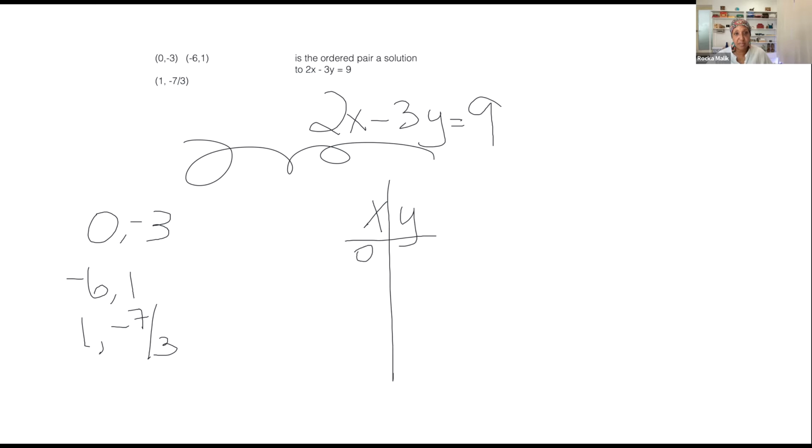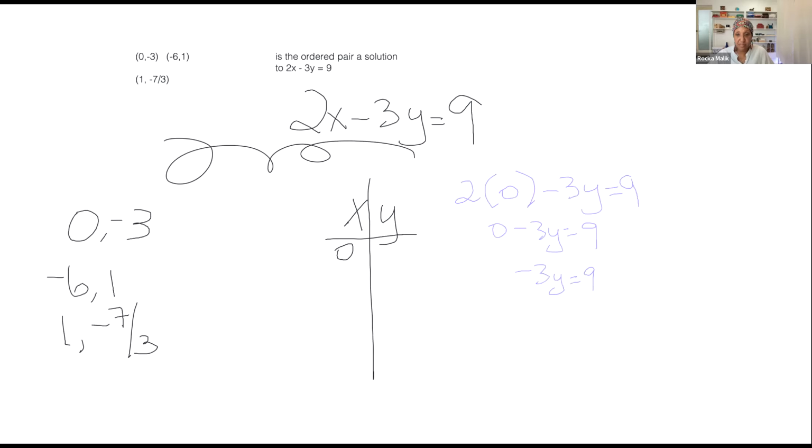we have 2 times 0 minus 3y equals 9. 2 times 0 is 0 minus 3y equals 9. So I have -3y equals 9. I need to get the y by itself. So I'm going to divide away the -3.